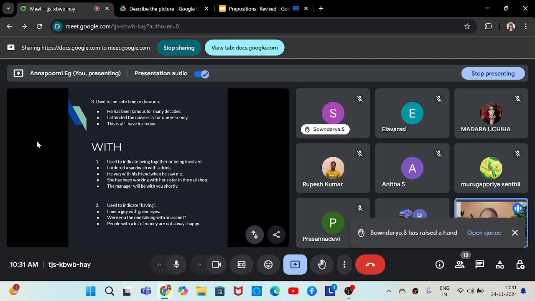So when a Malayali speaks English or when a Tamilian speaks English, you will have the accent of your mother tongue in it. So how to overcome that accent or how to speak without that accent? It is through practice that we can overcome that accent. See, for example, when I am speaking, I had a lot of practice.